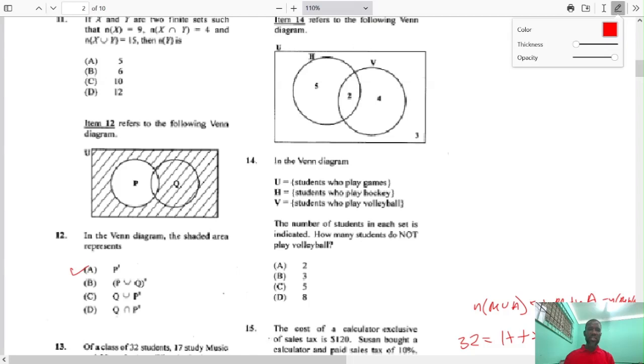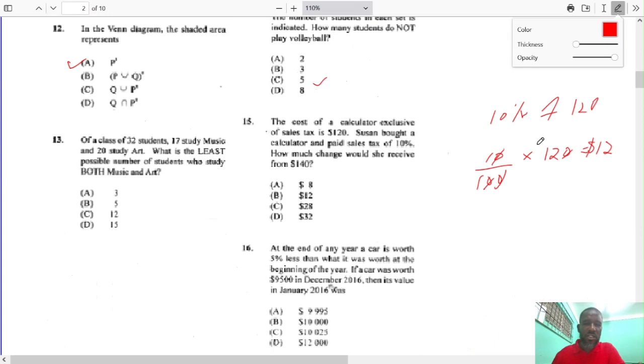So 1 times 12 is 12. So we get $12. Now, how much is she going to pay? $12 plus $120, and that gives us $132.